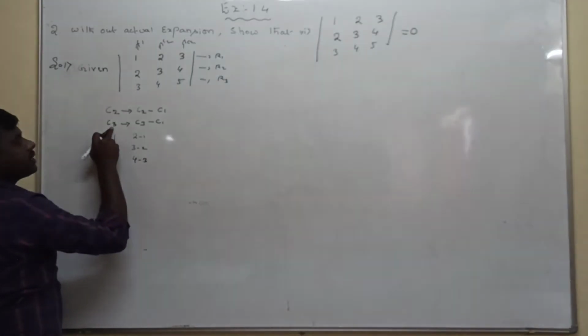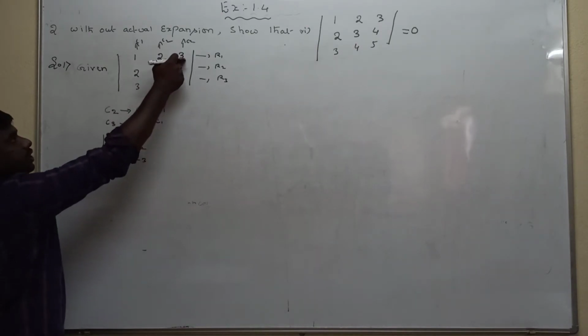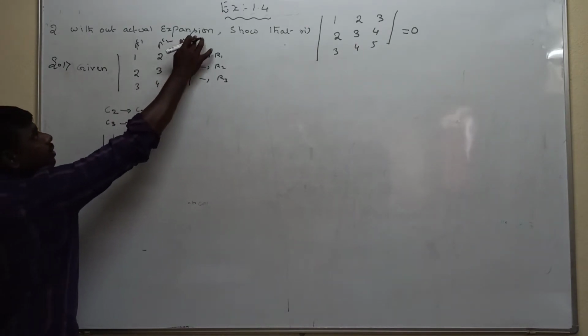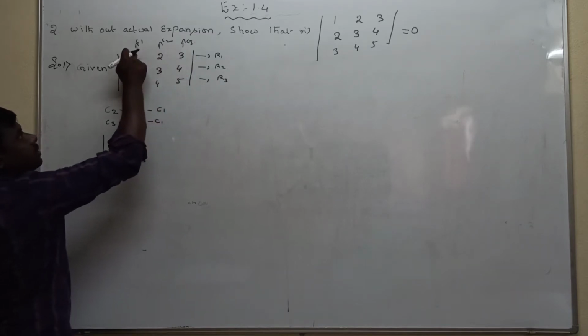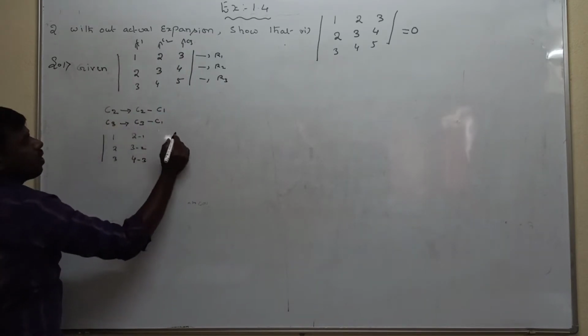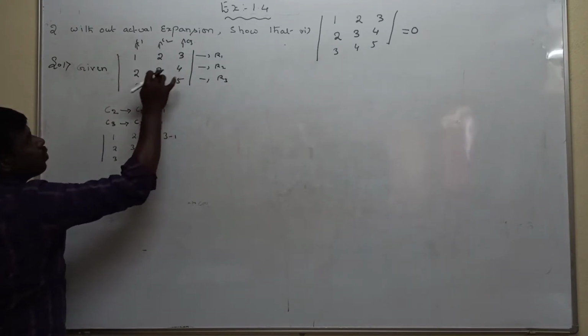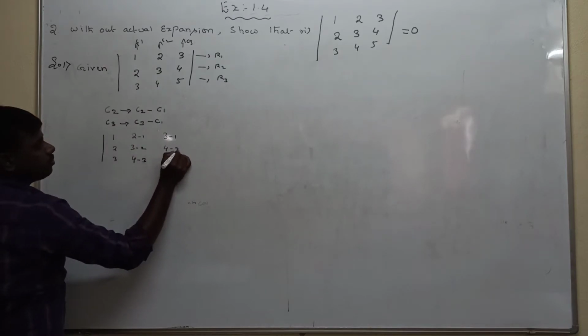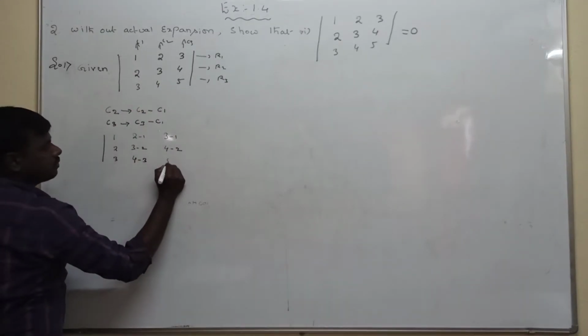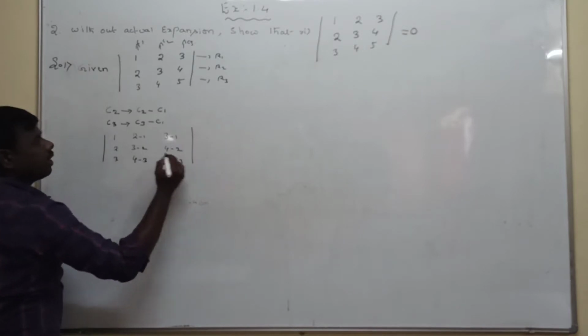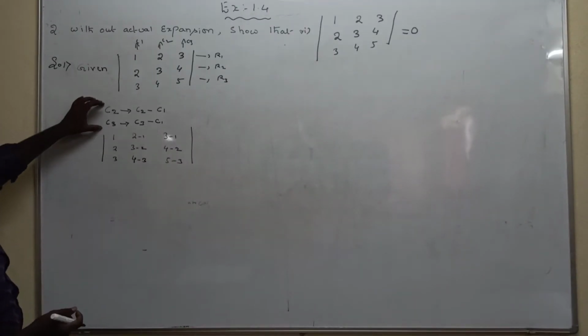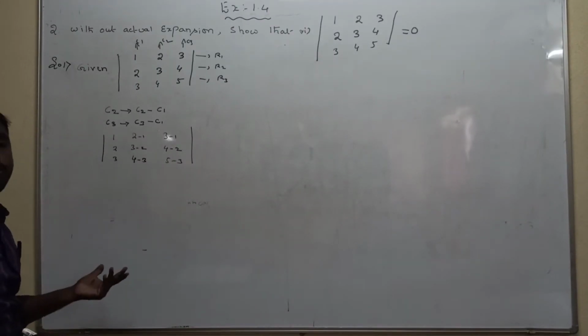Next, what is the condition for column 3? Column 3 changes to column 3 minus column 1: 3 minus 1, 4 minus 2, 5 minus 3. We can take the column operation or row operation; finally, we get the same answer.